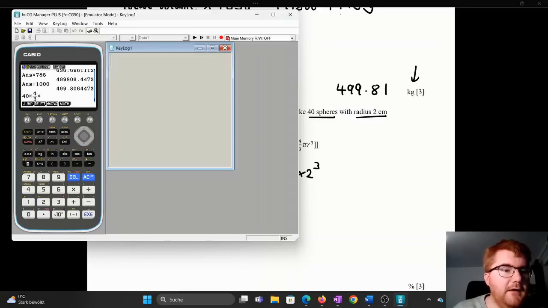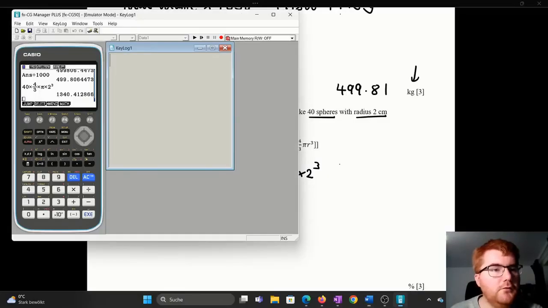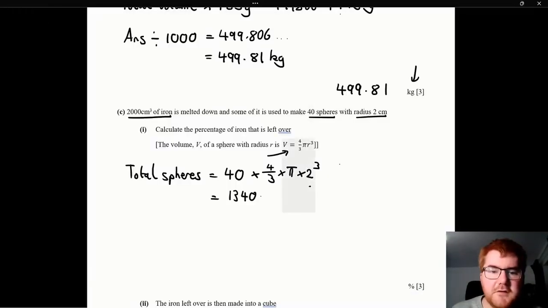Times pi times 2 cubed. Again, it gives us something in terms of pi, but again, we can use the SD button. So you get 1,340.412 and that's going to be in cubic centimeters.